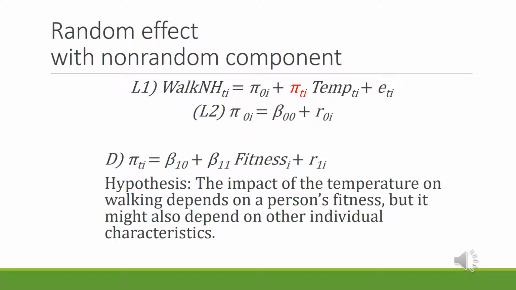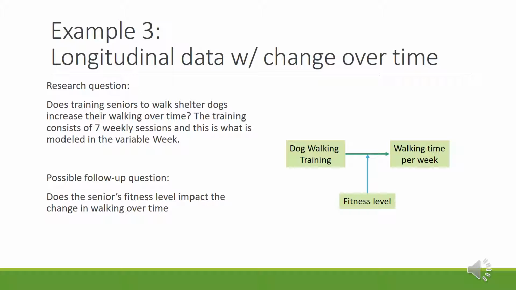So the idea is that fitness moderates how temperature impacts walking, but there are other individual characteristics, individuals' inclination to walk, or something that impairs or supports their walking in the neighborhood despite higher temperatures.